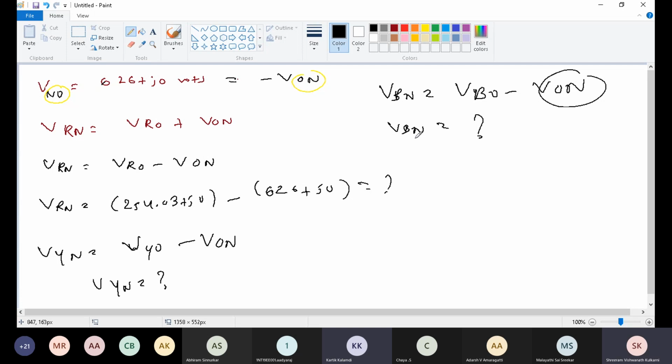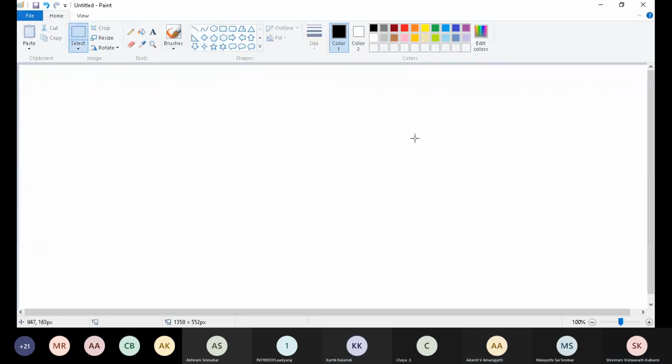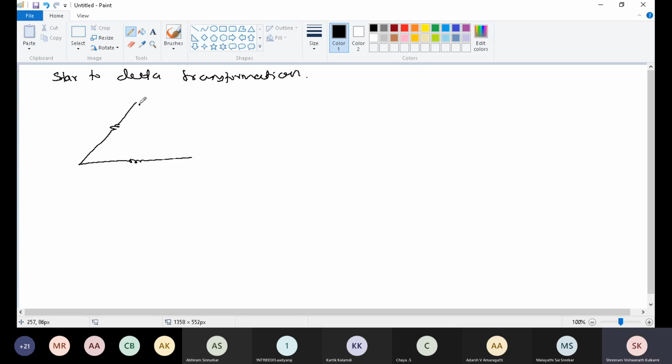Everyone knows star delta transformations, right? Star to delta transformation. Okay, if this is my star connected load, how am I going to transform this one, to star or delta?